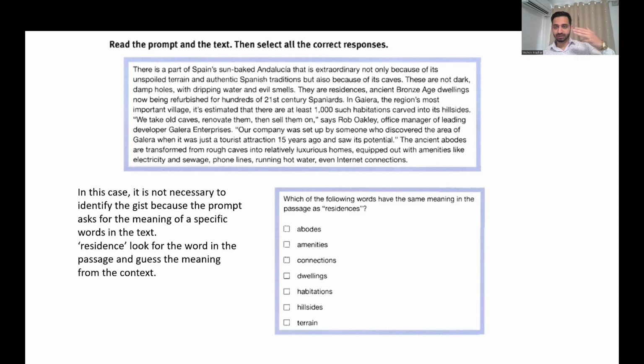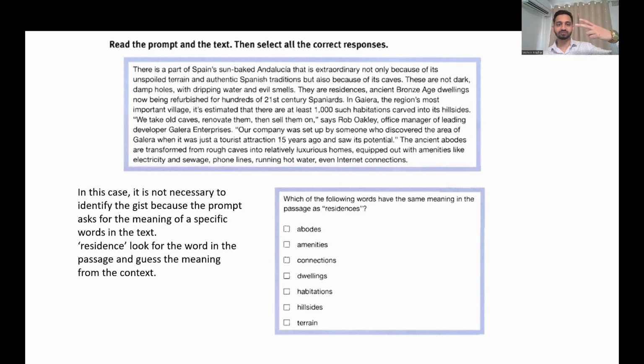So I've already got 3 options so far. Let's keep reading and see if we can find more. Are transformed from rough caves into relatively luxurious homes equipped out with amenities like electricity, sewage, phone lines, running hot water, even internet connections. Now, if you look at the first option, you've got the abode, that's one.